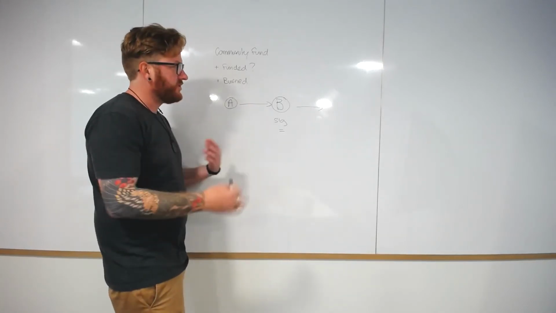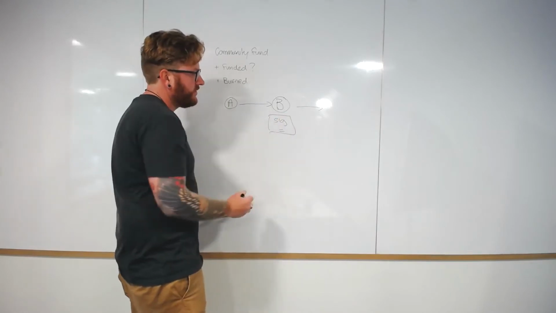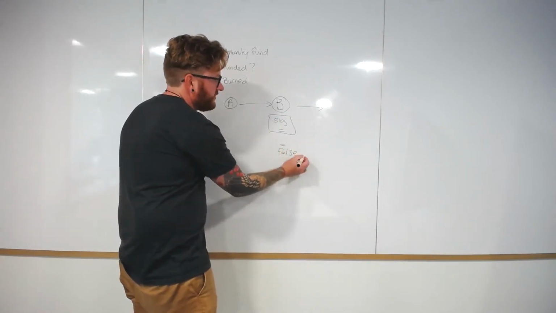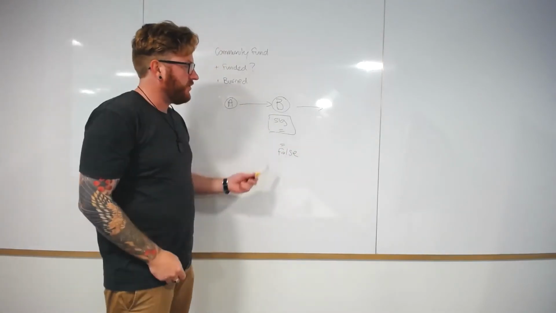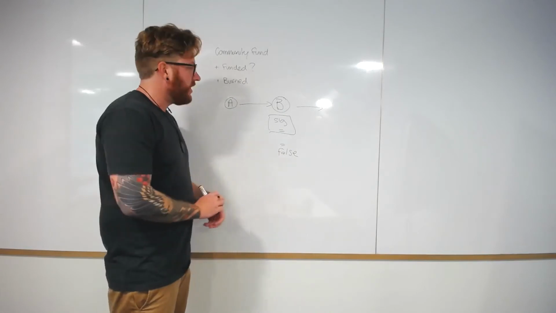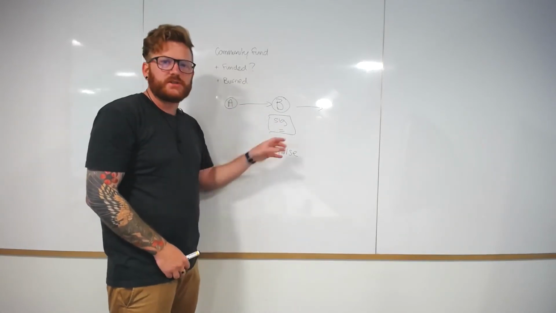With the ones that are generated for the community fund, effectively this condition is always going to equal false. So there's no way of getting the community fund coins by providing any type of signature. When these coins are created, they're attached with a condition that says these can never be spent.